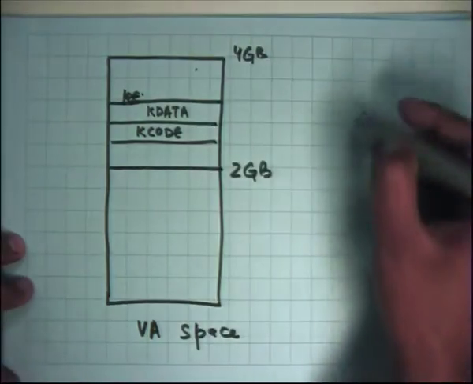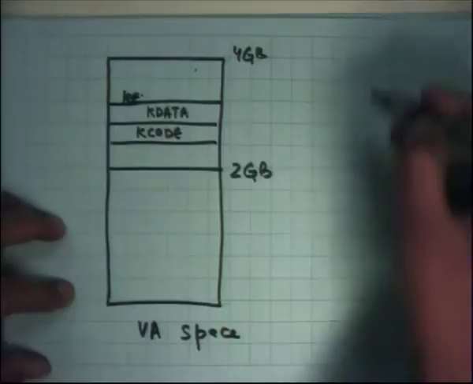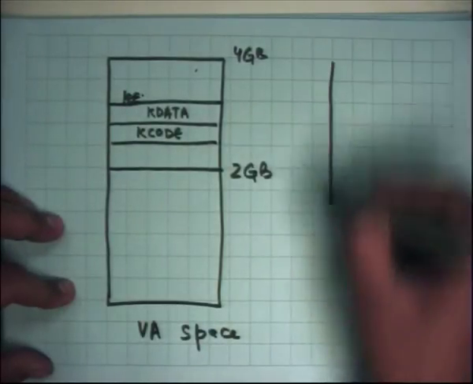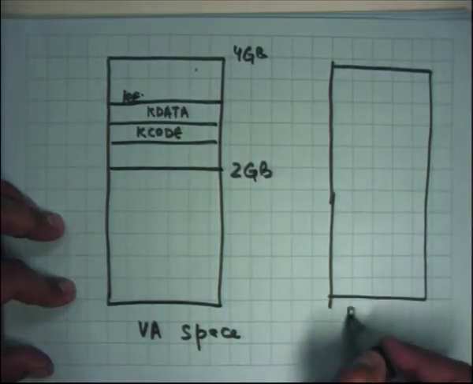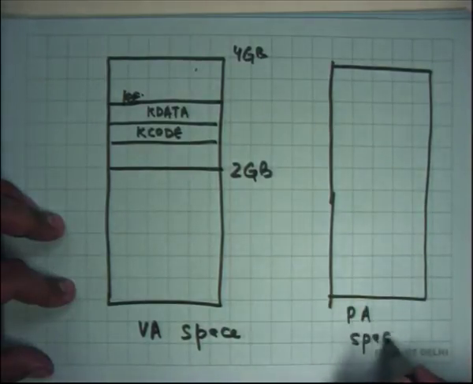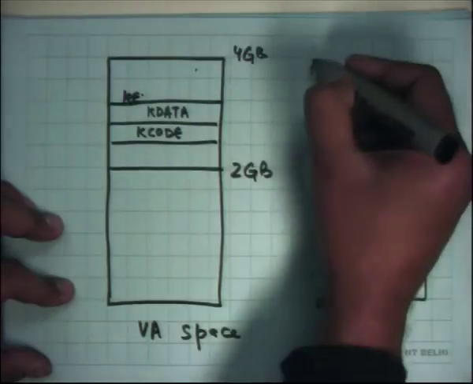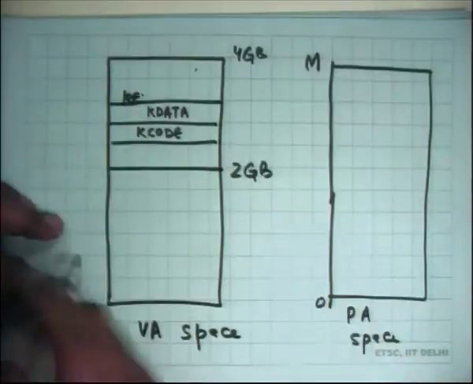So let's say this is your physical memory, so this is PA space, and it's going from 0 to, let's say, some value M, capital M, right.